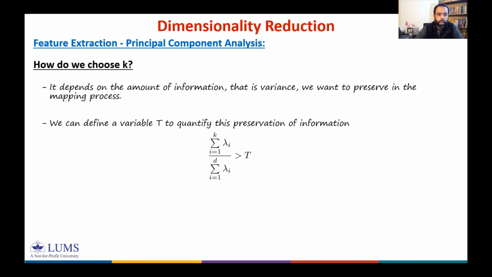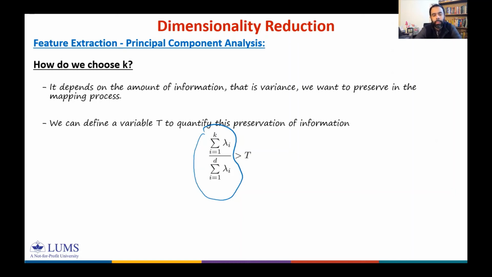Okay, so on the left hand side, I have defined a ratio. In the numerator, I have only used eigenvalues from 1 to K. In the denominator, I have used eigenvalues from 1 to D, all the eigenvalues.